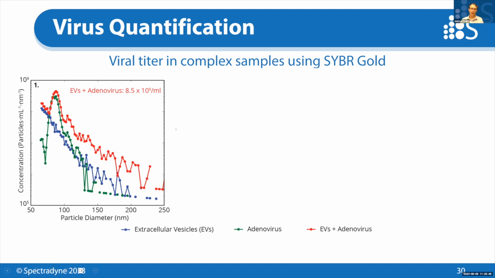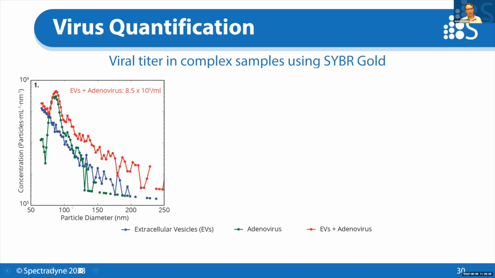And we stained all these samples with SYBR Gold again. So in the case of the adenovirus, the SYBR Gold intercalates into the genome in the virus and lights them up fluorescently, whereas the EVs don't carry significant nucleic acid in the sample to be detected, right?